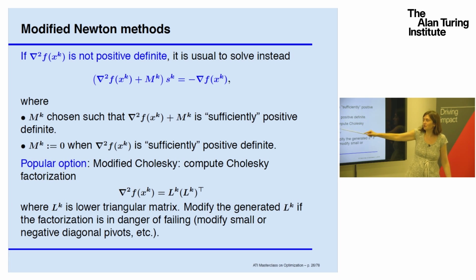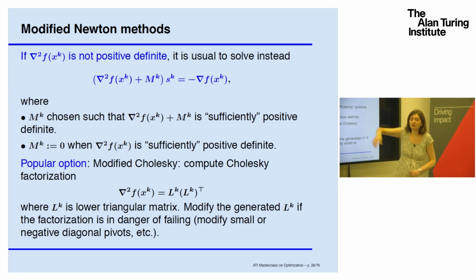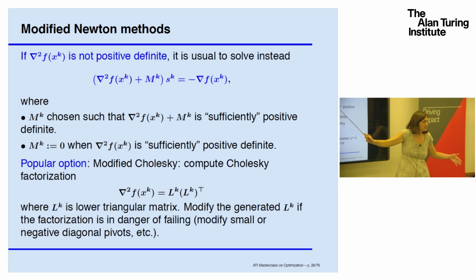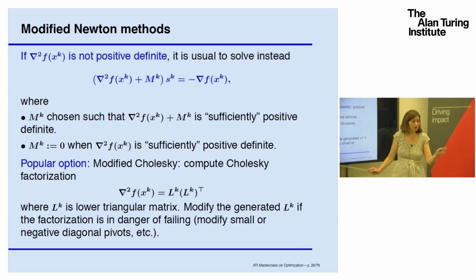So what do people do? I mean, these are technicalities. You don't need to follow them. Usually, to compute SK, you have to solve a linear system. So you factorize your matrix, let's say, right? You use Gaussian elimination, in other words. The fancy name for it is Cholesky for a symmetric matrix, because you are actually going to store the factors and do something clever in the linear algebra. The Cholesky factorization will only work if your matrix is positive definite.